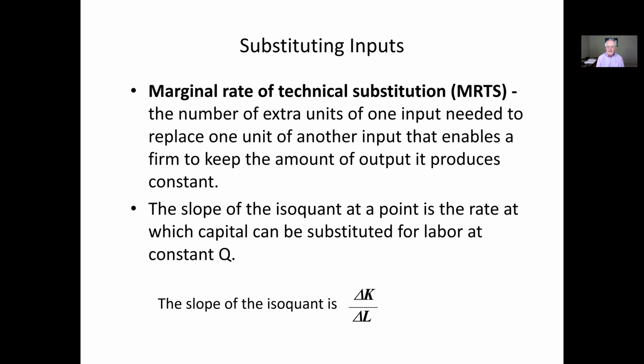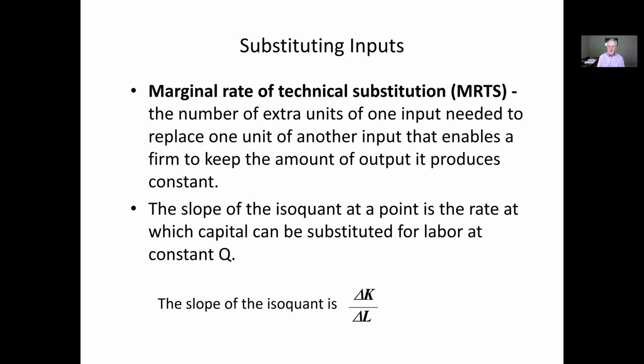So when I look at the slope of an isoquant at a point, that is going to suggest to me how many units of capital we could forego in exchange for one additional unit of labor, keeping output constant. Let me say that again.